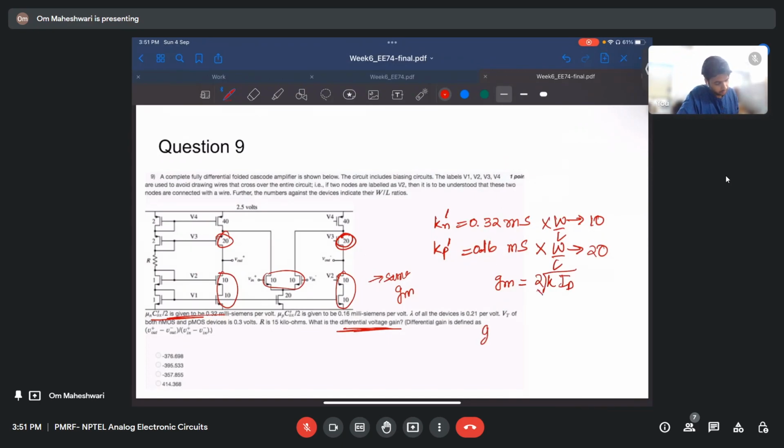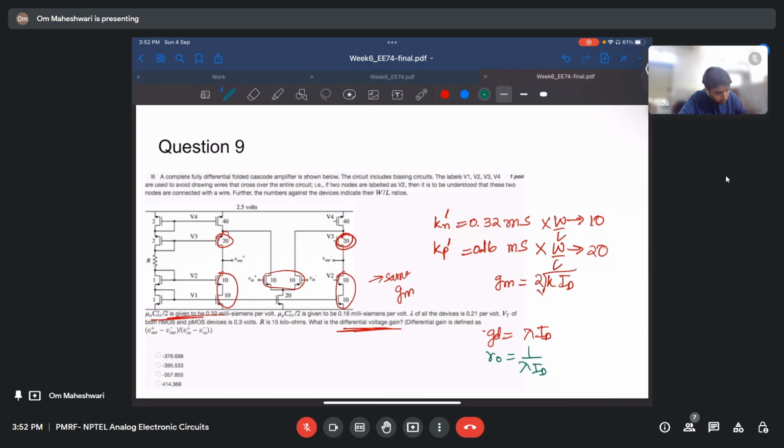And what about gd? Let's not call it gd, let's say lambda ID. For gd, these topmost transistors, this one and this one, have twice the width, 2W compared to others. So let us talk about R naught, R naught equals 1 by lambda ID.